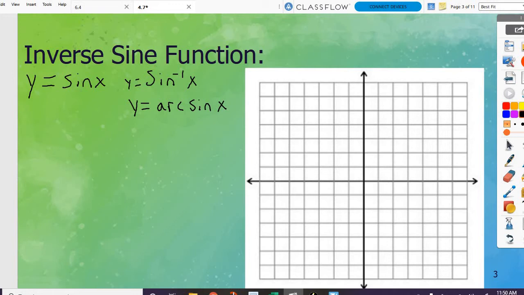Now, we need to think about our graph, because remember we're looking for the inverse sine function. So we need our inverse to be a function.